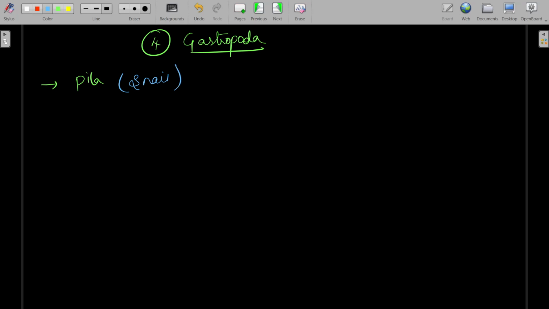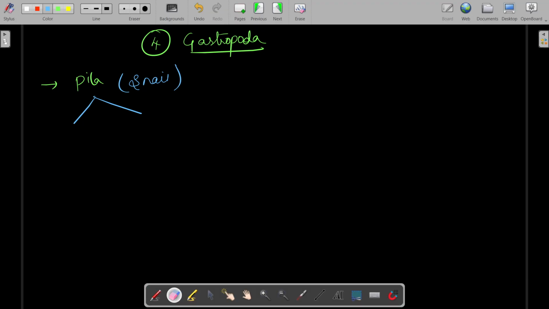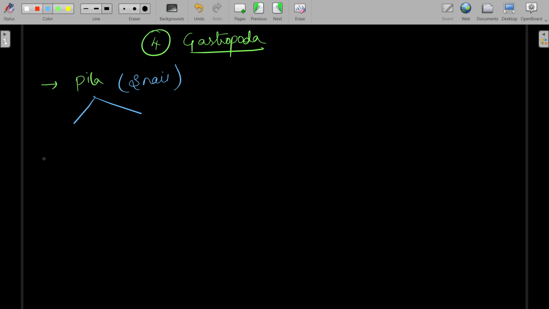Snails belong to the class Gastropoda. Pila has a pulmonary sac and gills.